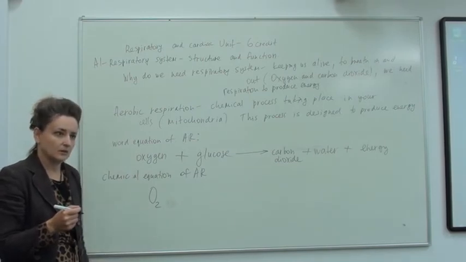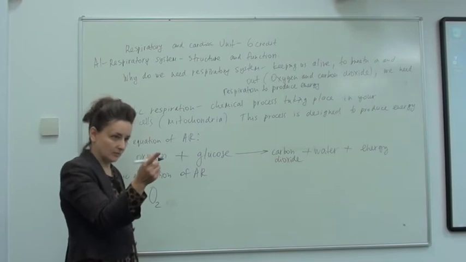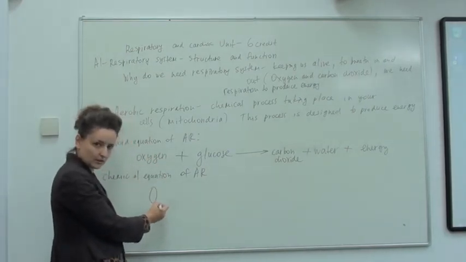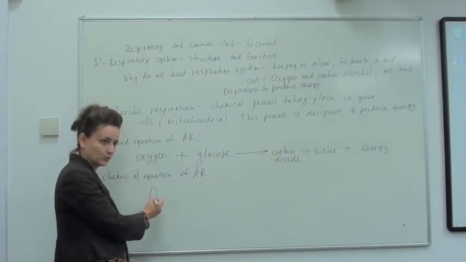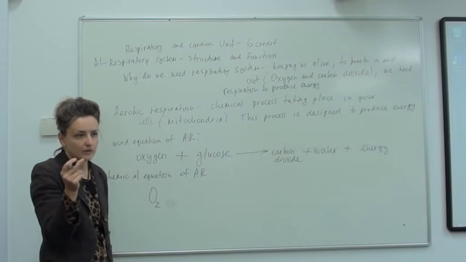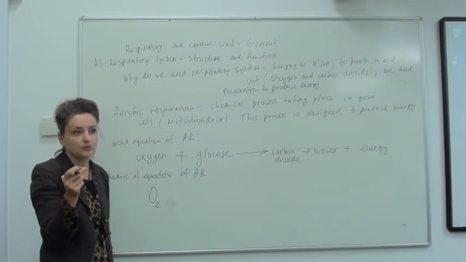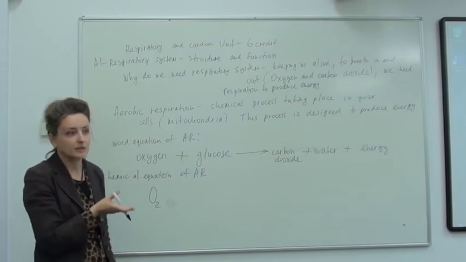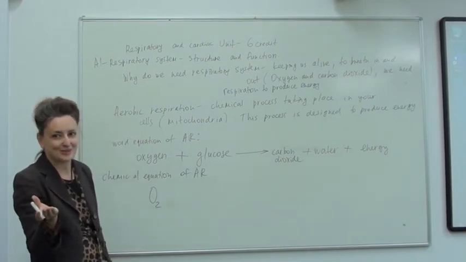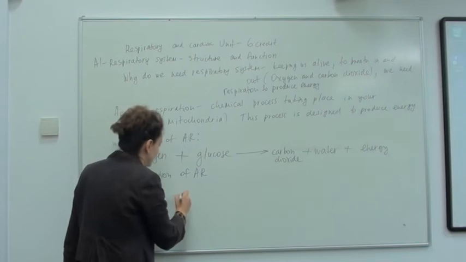Because there's a 2 there. It's 2 atoms of oxygen combined together. So that 2 tells you that it's 2 of those oxygens combined together. And as long as you have more than 1 atom bonded together, that's a molecule. The science from 8 years ago is coming back to me. That tells you it's a molecule of oxygen. Right, so dealt with oxygen.